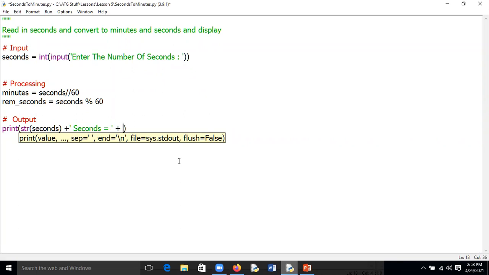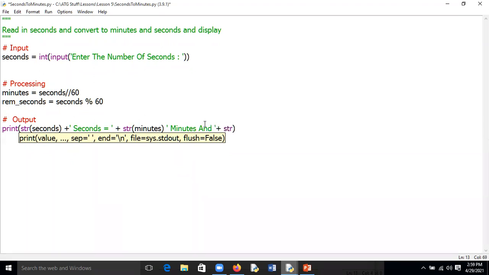Now, understand one thing, we need the minutes. So we're going to say str minutes. And I need to actually go and put in the word minutes over here. So if the user enters 150, it'll say 150 seconds equals 2 minutes. And we need our remaining seconds.